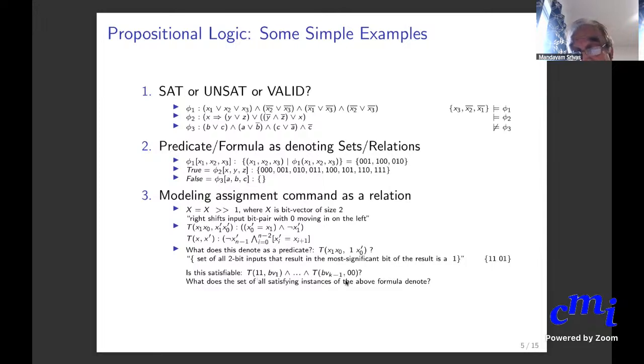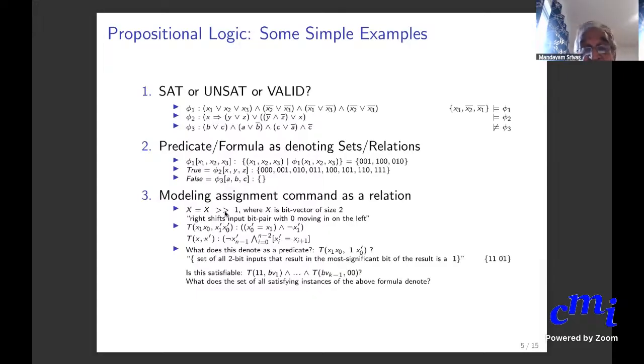So the correct answer is this is satisfiable for all k greater than or equal to 2. Correct. That's what I am expecting. I mean, this is true whenever you have this assignment statement being executed.